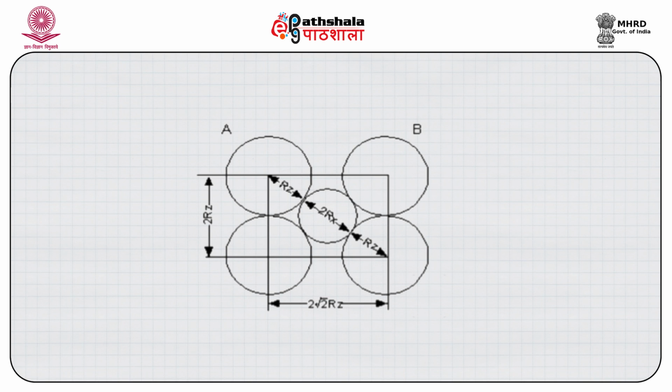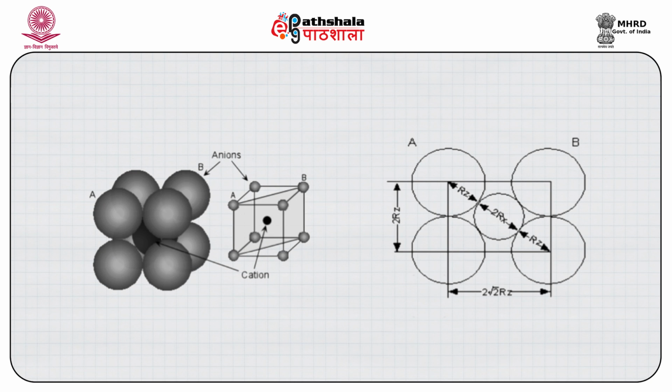Now, remember, this diagram is drawn when the larger spheres are touching the smaller sphere, so it is the limiting condition. In the limiting condition, there will be 8 anions touching the cation when the Rx by Rz ratio is 0.732.